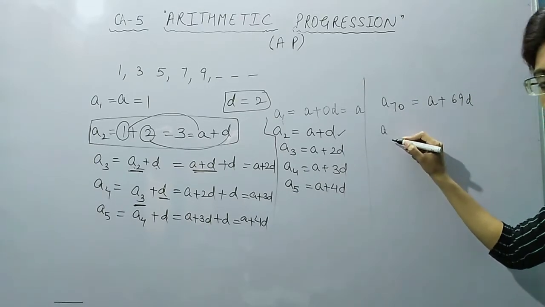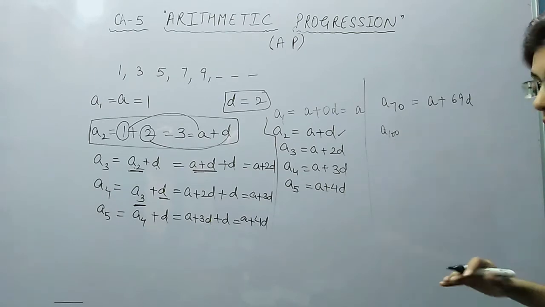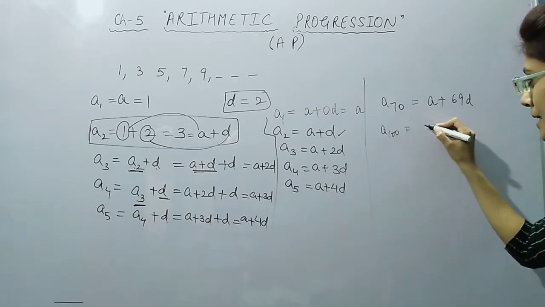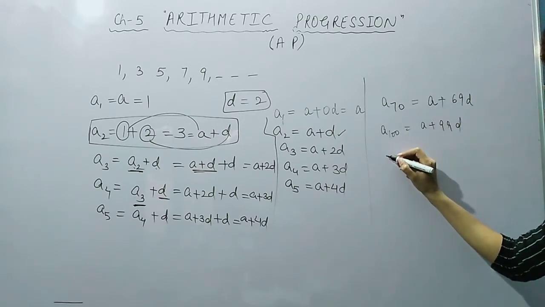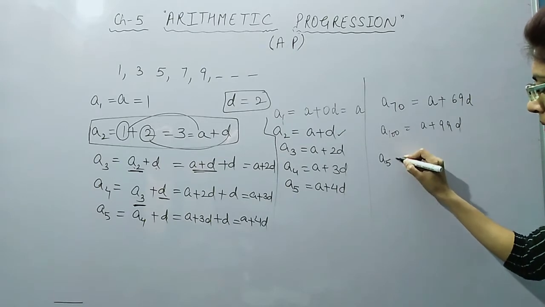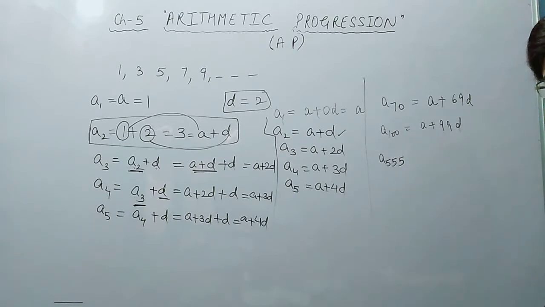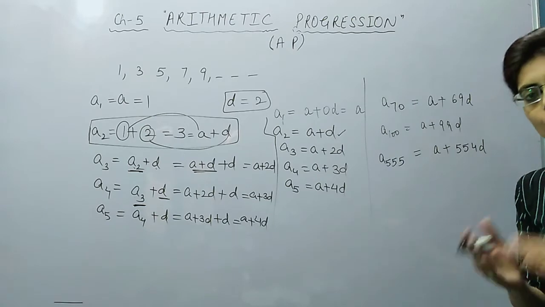Suppose somebody is asking what will be a100, the 100th term, that is a plus 99d, 1 less than 100. Suppose somebody is asking what will be a555, then you can say this is a plus 554d.